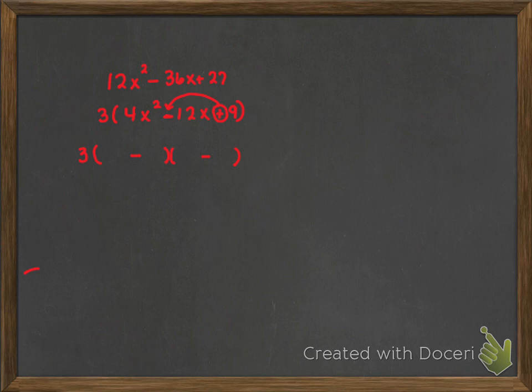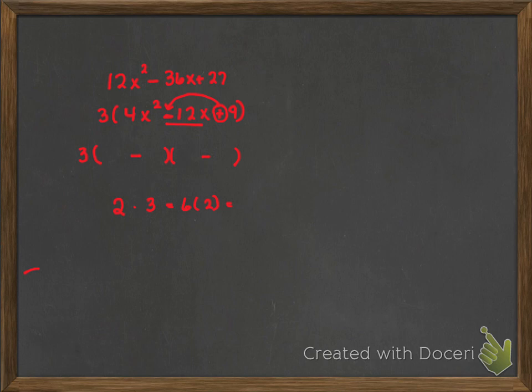So I'm going to take the square root of 4, which is 2, and the square root of 9, which is 3, and if I multiply those together, I get a 6. If I double 6, I get the opposite of my linear term, the opposite of my x term, so I know that the pattern will work for factoring a perfect square trinomial.